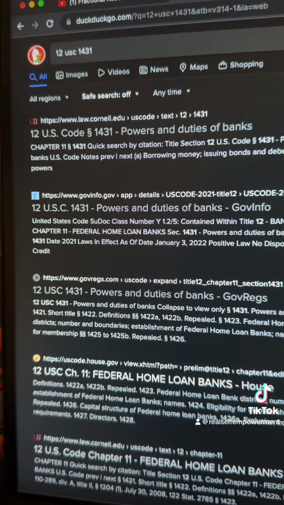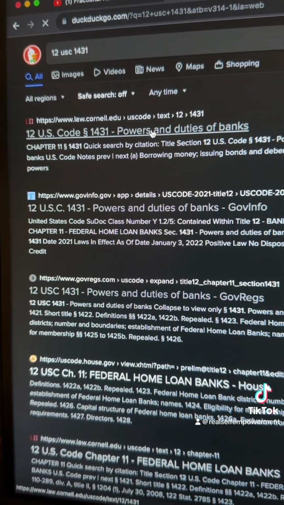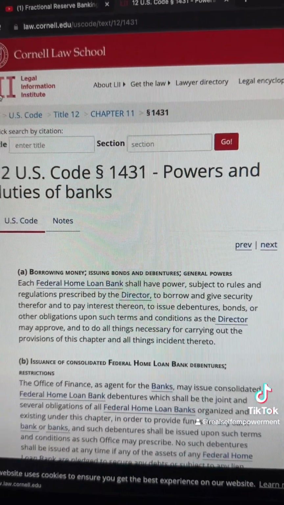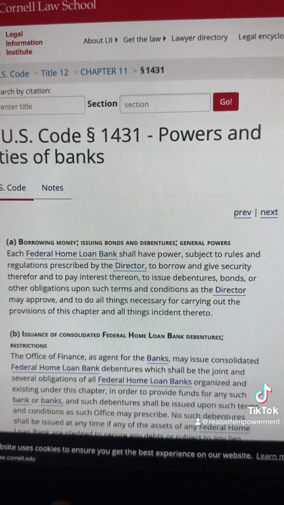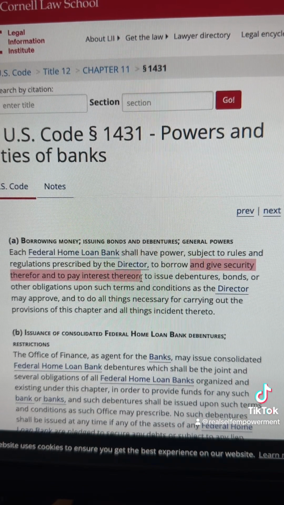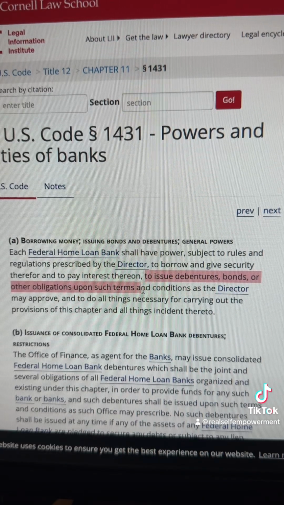12 U.S.C. 1431, powers and duties of the banks: Each Federal Home Loan Bank shall have power, subject to rules and regulations prescribed by the director, to borrow and give security therefor, and to pay interest thereon, to issue debentures, bonds, or other obligations upon such terms and conditions as the director may approve, and to do all things necessary for the carrying out of the provisions of this chapter and all things incident thereto.